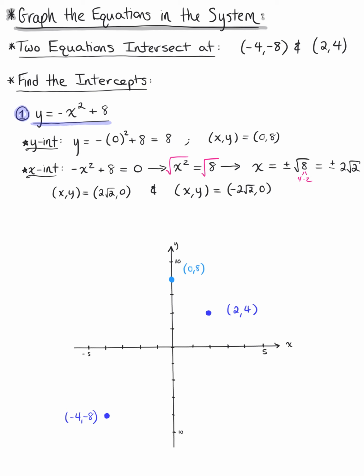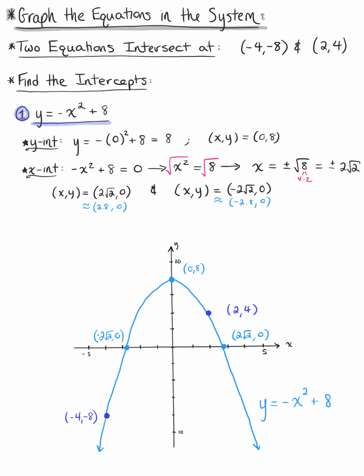Now, for graphing purposes, we can use an approximation of these two x values. Now, connecting these ordered pairs with a smooth curve, we can now see the graph of the parabola, the graph for our quadratic equation, y is equal to negative x squared plus 8.